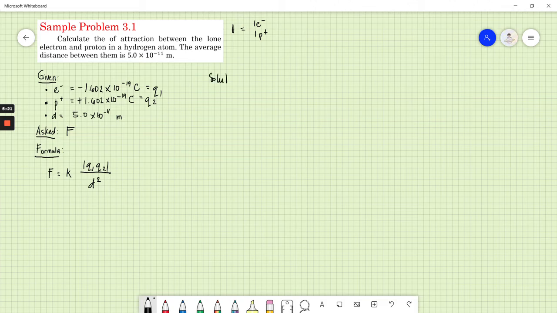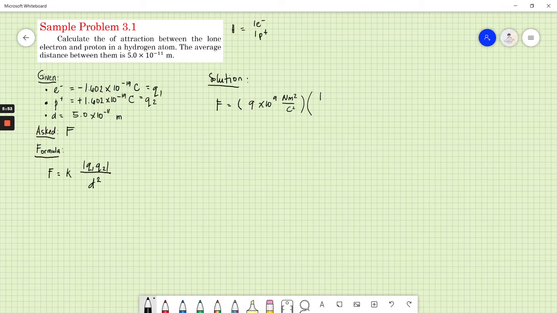It's quite an easy one. So what you will just want to do is plug in the numbers. So force is equal to, remember the value of k. The value of k is 9.0, or basically 9 times 10 raised to 9 newton meter squared per coulomb squared, multiplied by the absolute value of Q1.